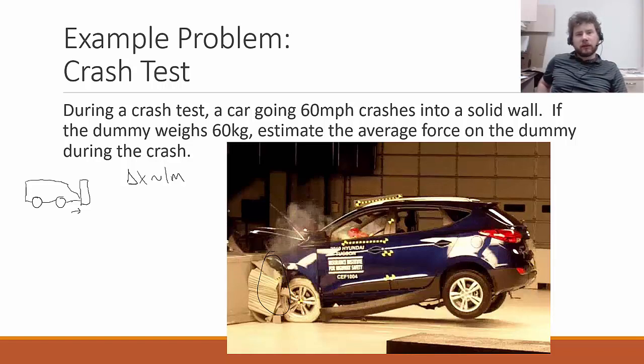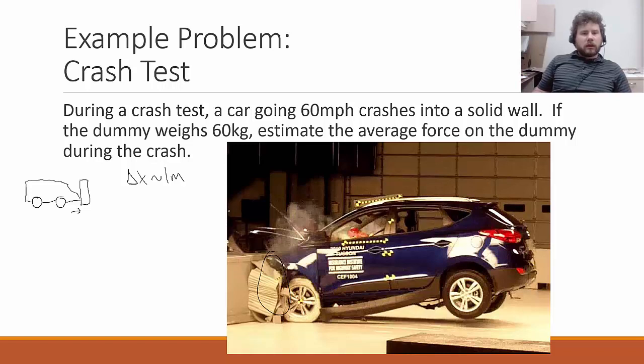But the purpose of this is to show you how you can take some accessible numbers, like how fast you're going and the mass of somebody, roughly, and get an estimate of the force on the person. So this is a way of showing how you can come up with reasonable numbers from just an average situation.